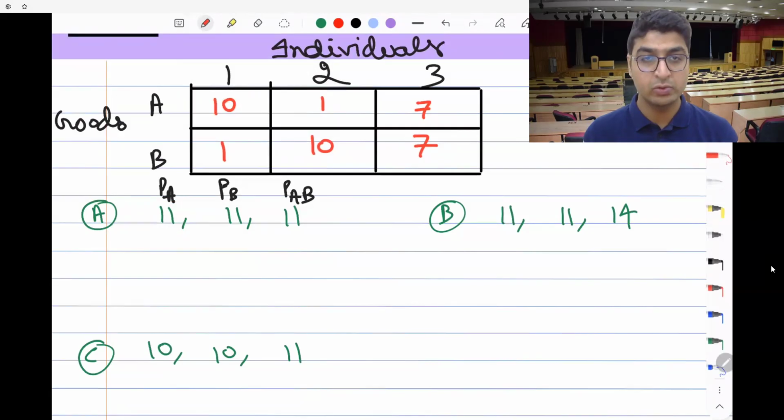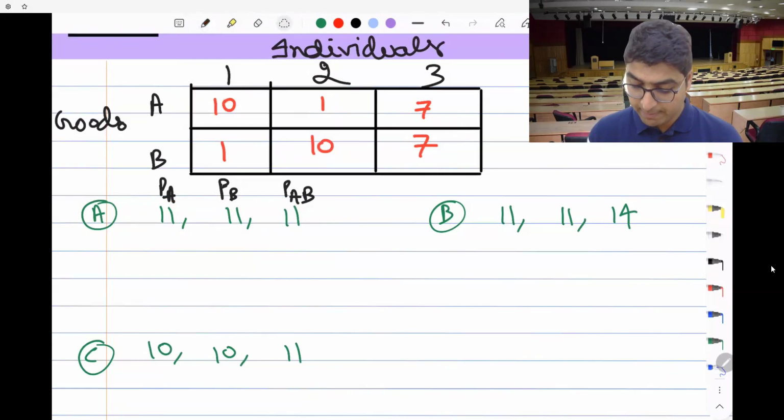Similarly, person 2 भी good A नहीं खरीद सकता, उसकी valuation is 1 and the price is 11. And person 3's valuation is 7 but the price is 11. It also cannot buy this.